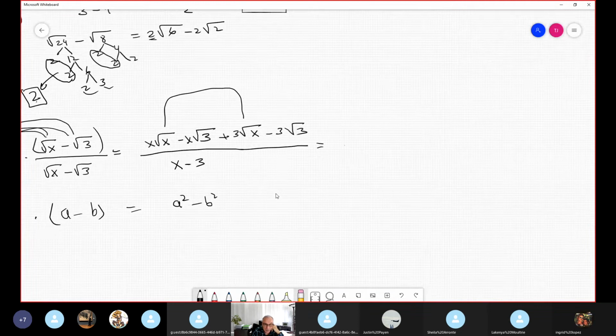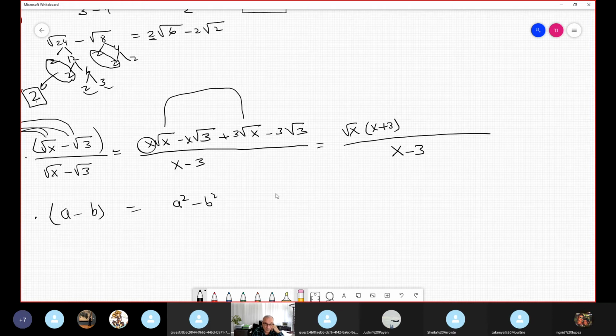So on the bottom stays x minus 3. Then radical x I factor out, no? Then we have x plus 3, no? X plus 3. Look, this x is this x, and this 3 is this 3.